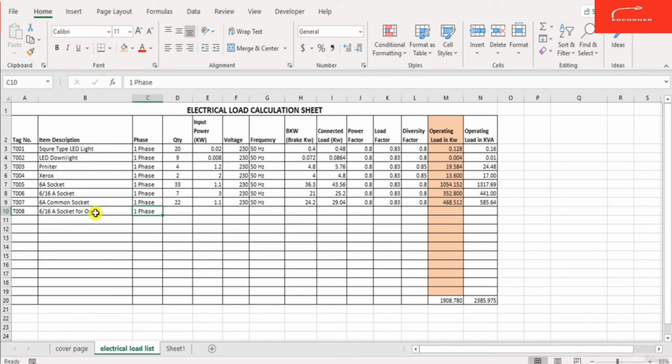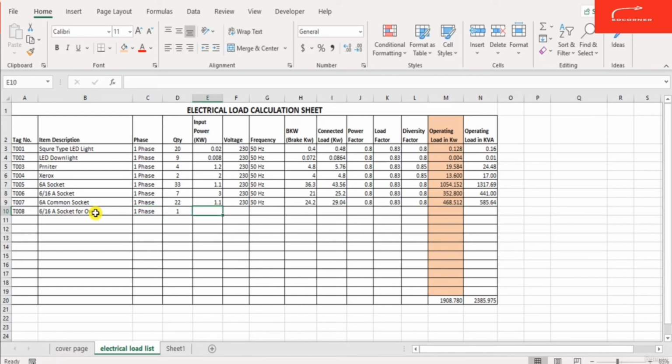Single phase. Sometimes oven requires a 3-phase connection. Nowadays ovens come in single phase, but previously they were 3-phase. So here I mentioned only single phase, and the quantity is one number.